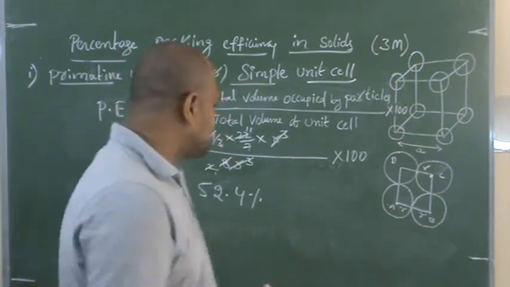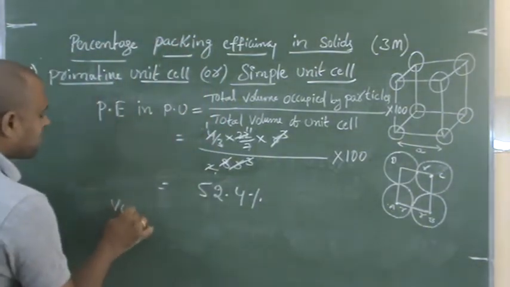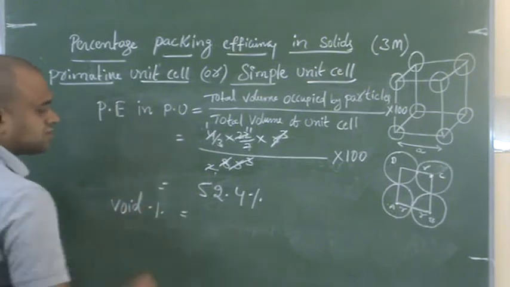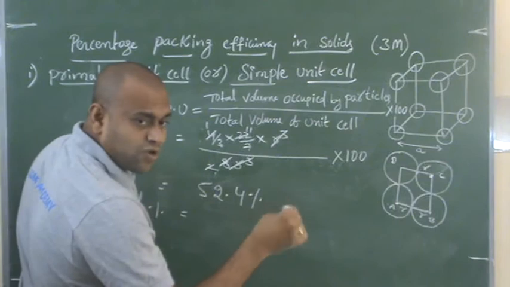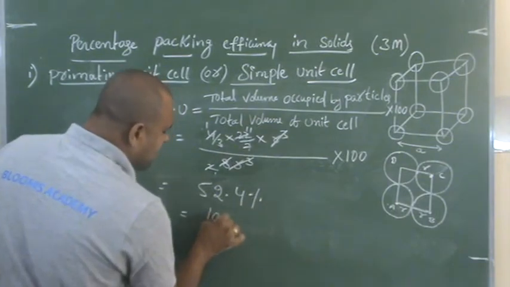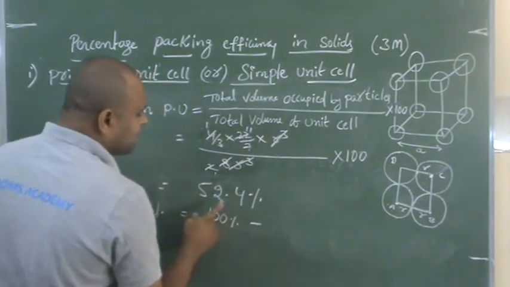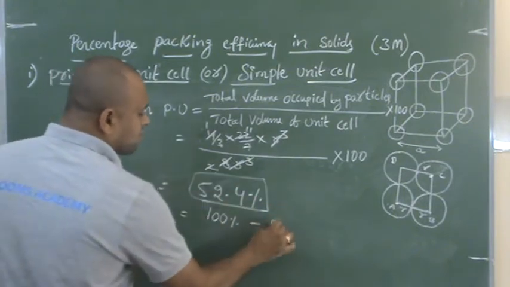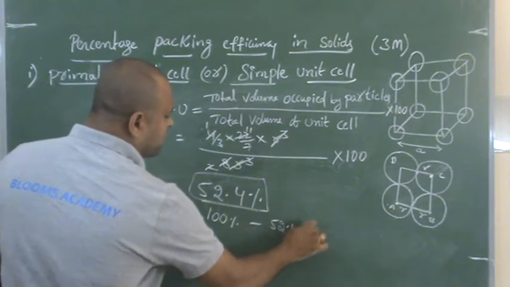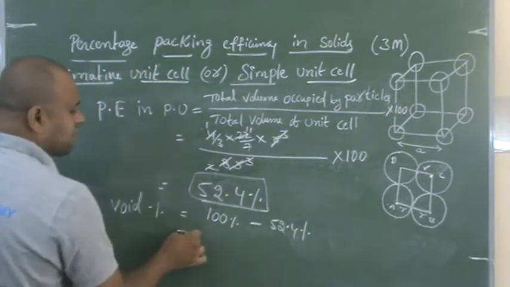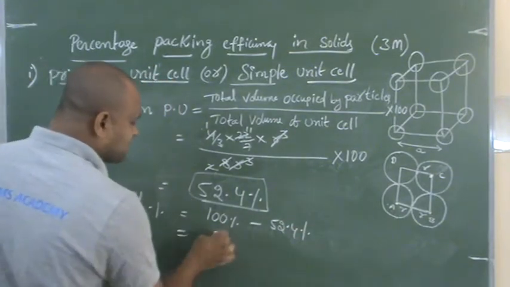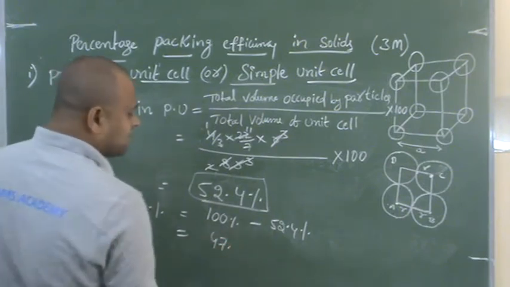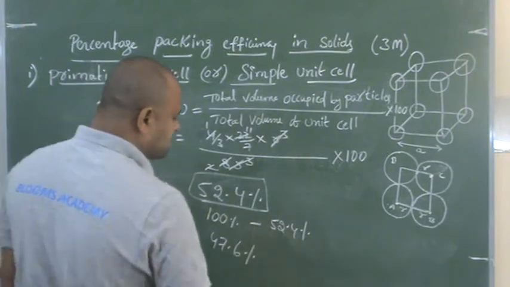Understood? So therefore, void percent is equal to total volume of unit cell, considered as 100%, minus the percentage occupied by particles, 52.4%. So 47.6% is void.